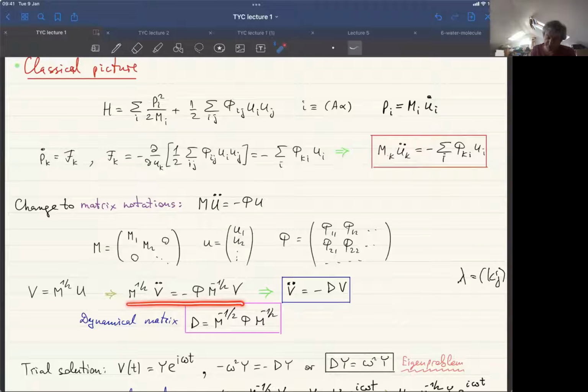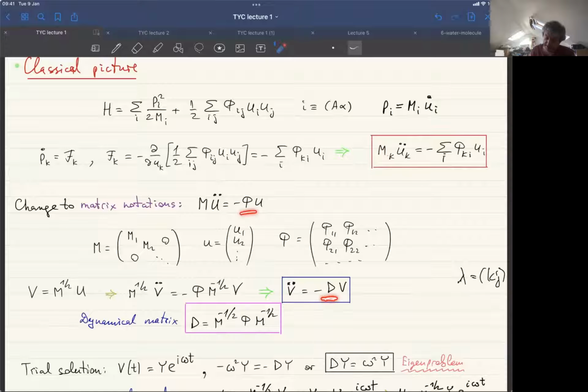You obtain this formula first, and then you multiply from the left by M to the -1/2. Then this M disappears, and M to the -1/2 will reappear here.